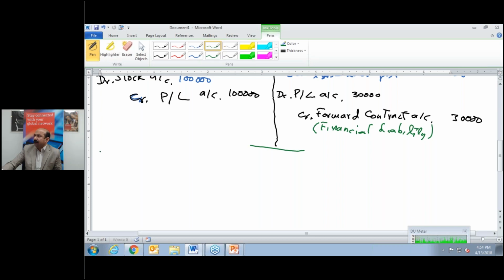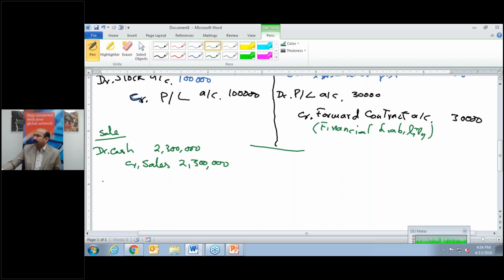For sale, the entry will be very simple, assuming that you have received the cash. What is the rate? The rate is 115 into 20,000. Say you received the cash. Your sale entry will be simple, debit cash 2.3 million, and credit will be revenue or sales, 2.3 million.